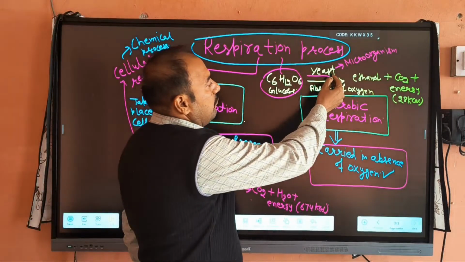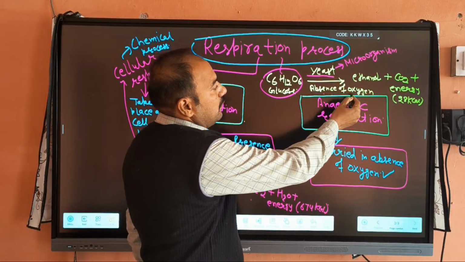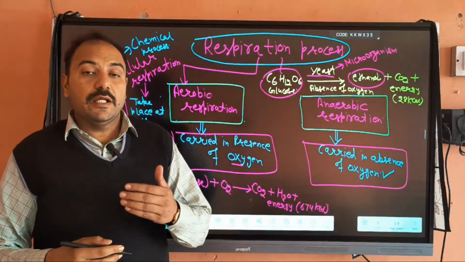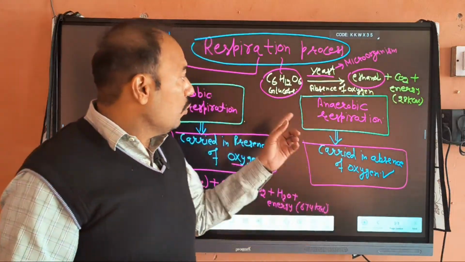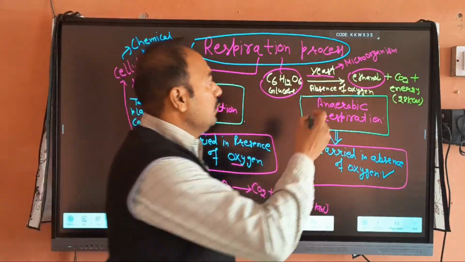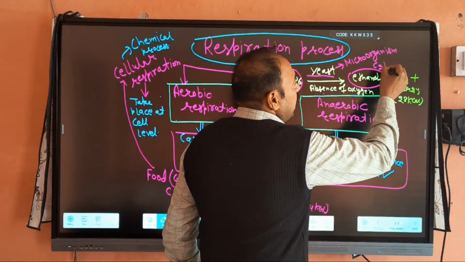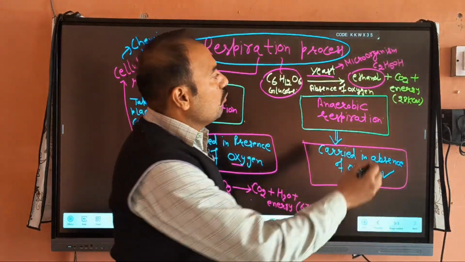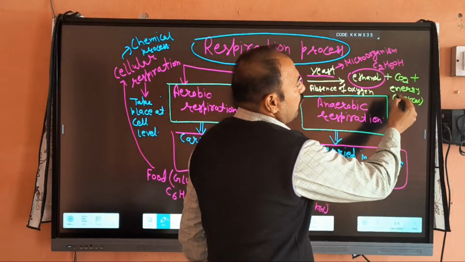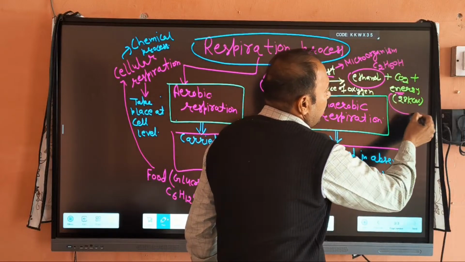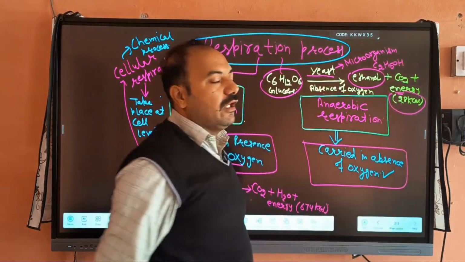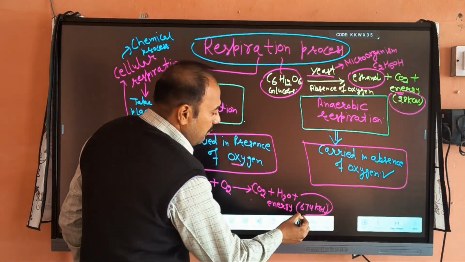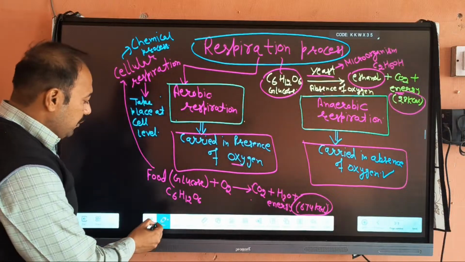This microorganism carries out respiration in the absence of oxygen. What do they form? Ethanol, another name for which is alcohol. The formula of ethanol is C2H5OH. So ethanol forms, CO2 forms, and energy: 28 calories of energy produced here, and in aerobic respiration, 674 calories of energy produced.